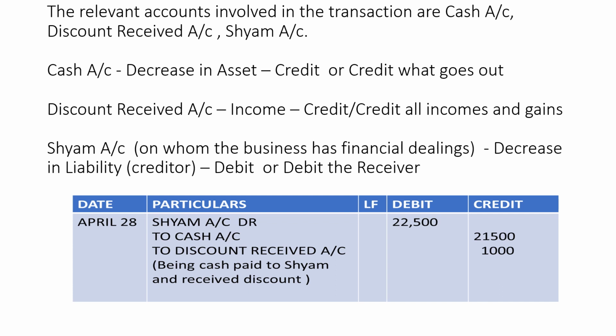So Shyam account debtor, the original value is 22,500, but the actual cash paid to cash account is only 21,500, and Shyam is allowing discount and the business is receiving discount. So that is why it is credited, being the benefit received by the business. So to discount received account 1000 rupees.